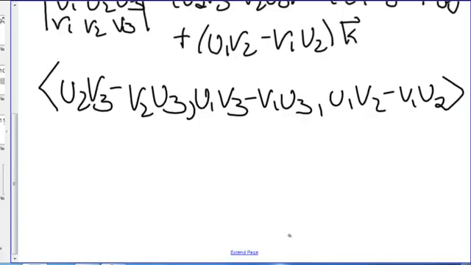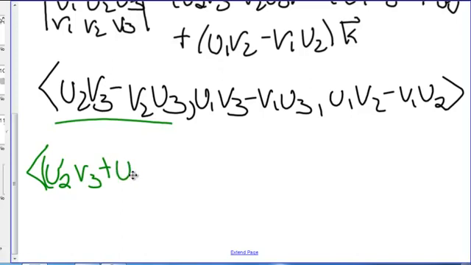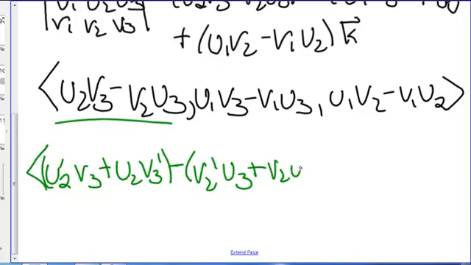So now we're ready to take the derivative of each part. For the first part, we need to use a product and a difference rule. So we get u2 prime v3 plus u2 v3 prime minus the quantity v2 prime u3 plus v2 u3 prime.